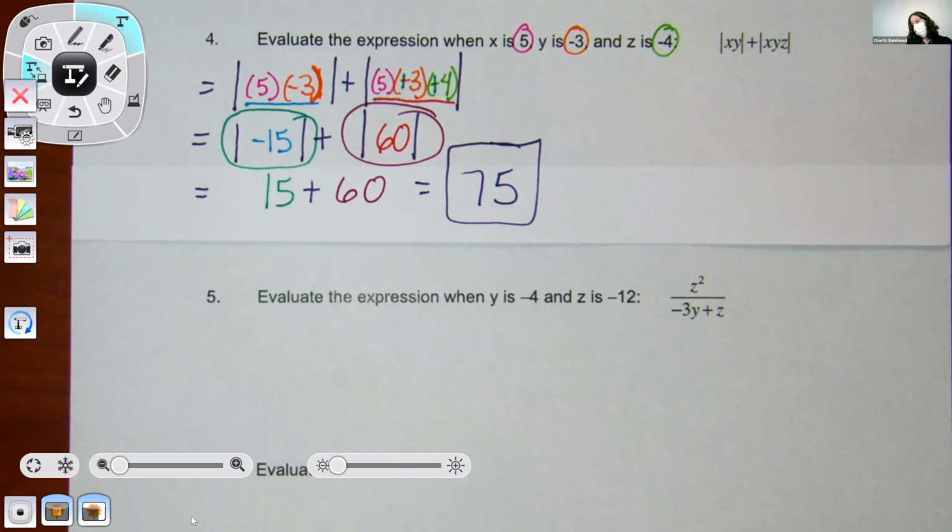All right, number 5. Evaluate the expression when y is negative 4 and z is negative 12. And the expression is z squared over negative 3y plus z.